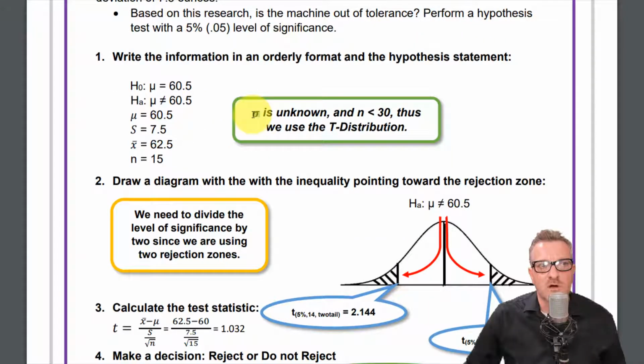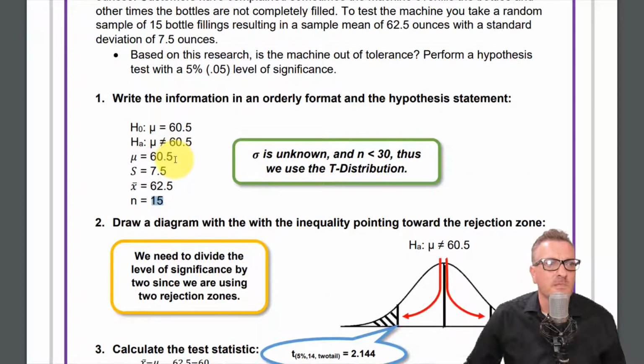So our population standard deviation is unknown, and n is less than 30, because we had 15 samples. Our null hypothesis in this case is the machine's doing what we thought it should be doing, which is 60.5. That's the stated figure. The other one is no, it's not. It's different than that. It could be high, it could be low.